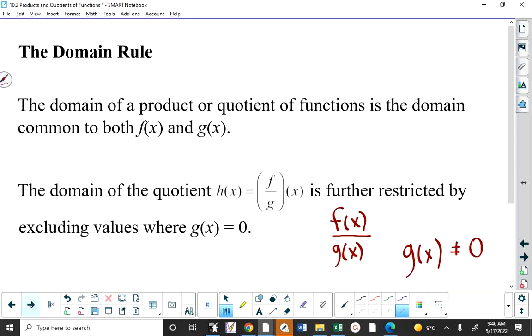Y is not allowed to be 0 on the function you're dividing by. And where is y 0? On an x-intercept. So any place the function we're dividing by has an x-intercept, that cannot be in the domain, because the y-coordinate there is 0.